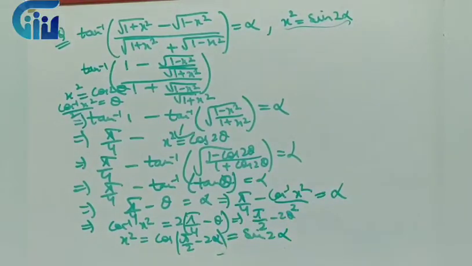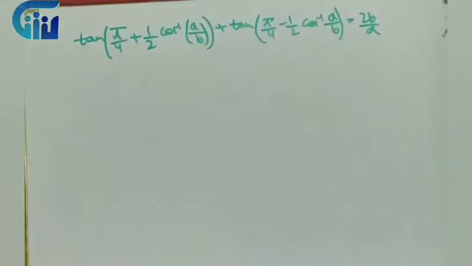Now in place of theta, what will I put? What was my theta? From here if we see, x square was cos 2 theta. So if I put back theta, what will I get? Theta will be cos inverse x square by 2.